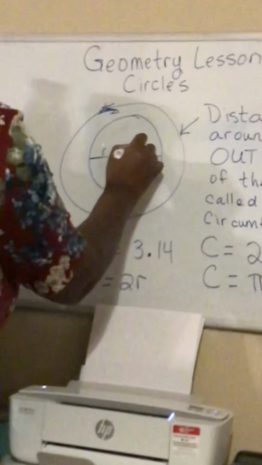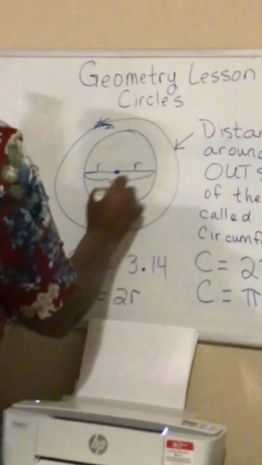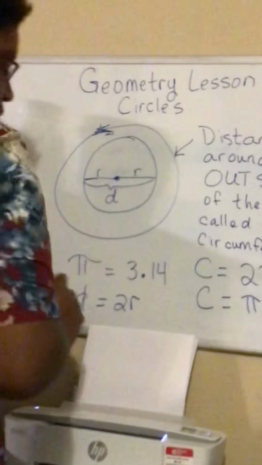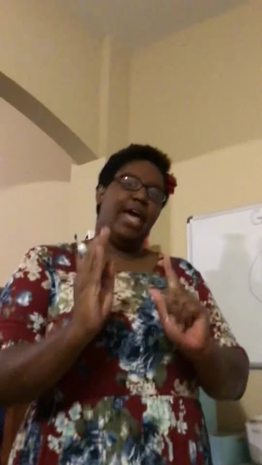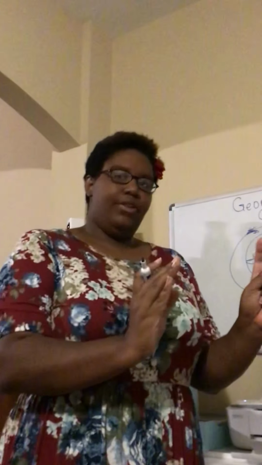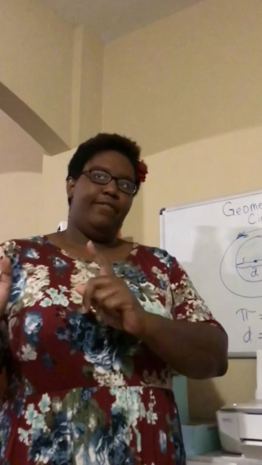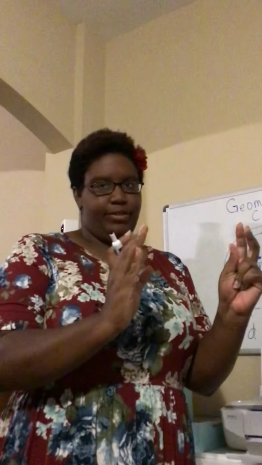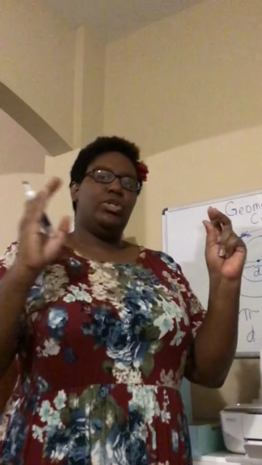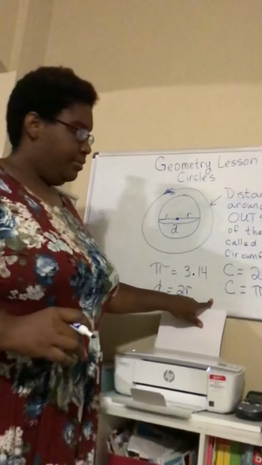See, this R and this R together make up a diameter, because the diameter is the distance all the way across the circle, and a radius is the distance halfway across. So if we take one half and put another half together, it makes up the whole distance across. Half is a radius, another half is another radius, and the whole distance across is the diameter. So that's why you get 2 different formulas.